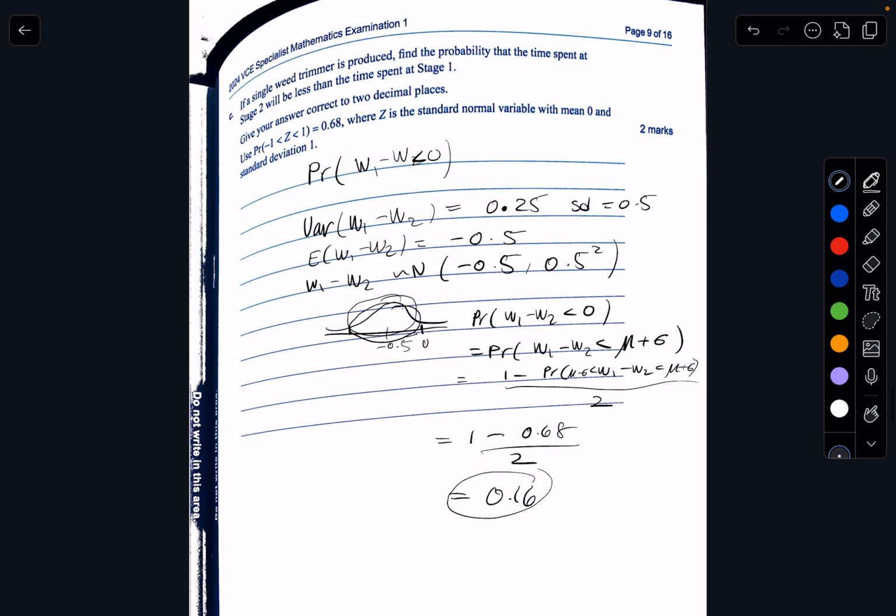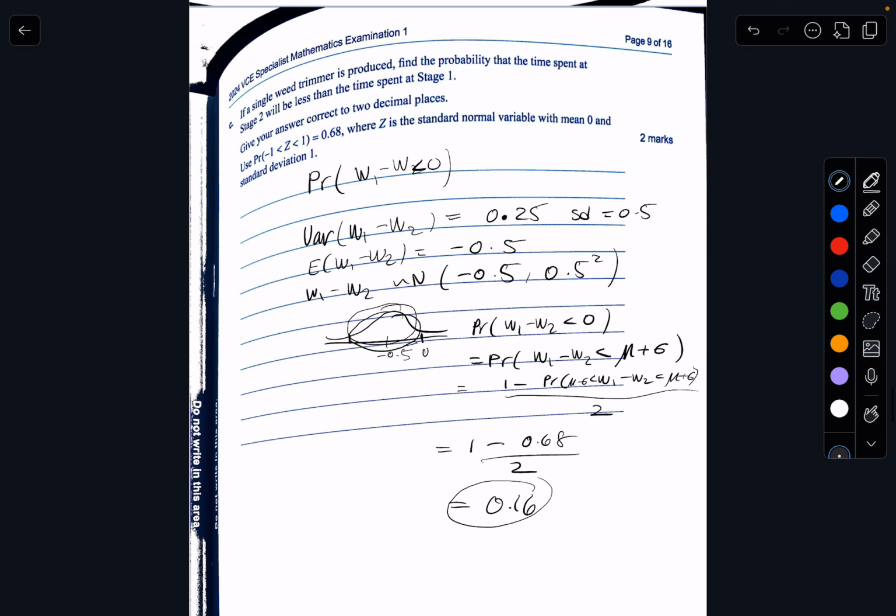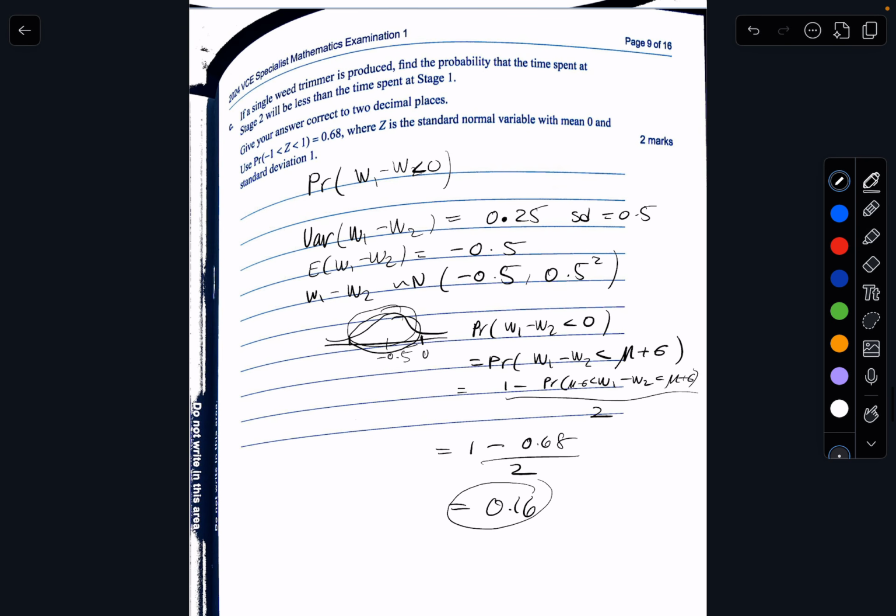Is that right? Yeah, I think so. So we want that. These are the same. So you do 1 minus that and divide it by 2.